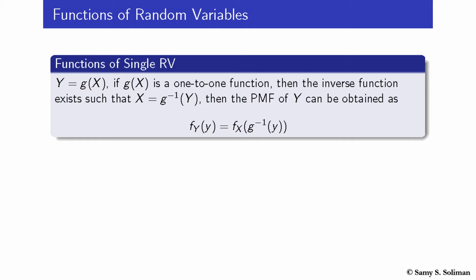If this is the case, then the probability mass function of the new random variable y can be obtained as f sub y at any value of the random variable y has the same expression as the PMF of x, that is f sub x. However, the argument here is g inverse of y. Let's try to understand this rule in an example.